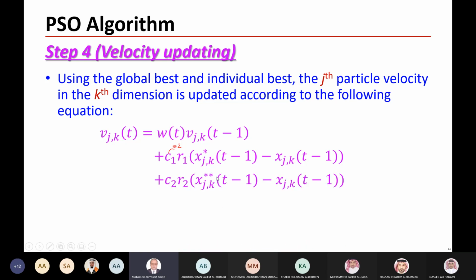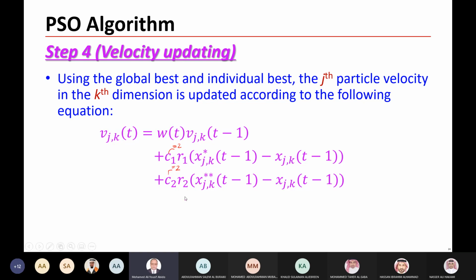And you have another term, which is the social part. So you get the difference between the current position of the particle and the global best that we have. R2 is a random number between 0 and 1. C2 is a constant, usually equal to 2.